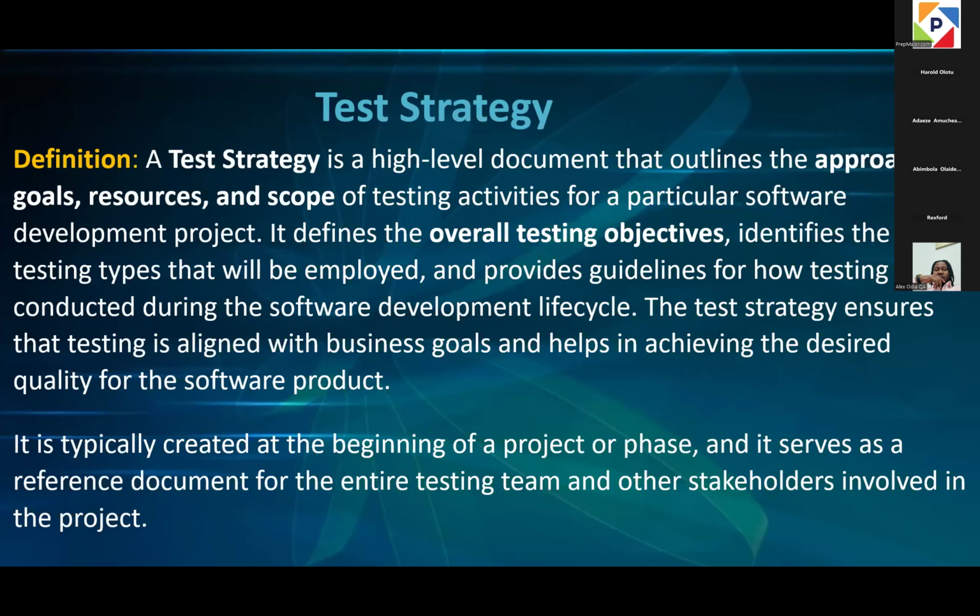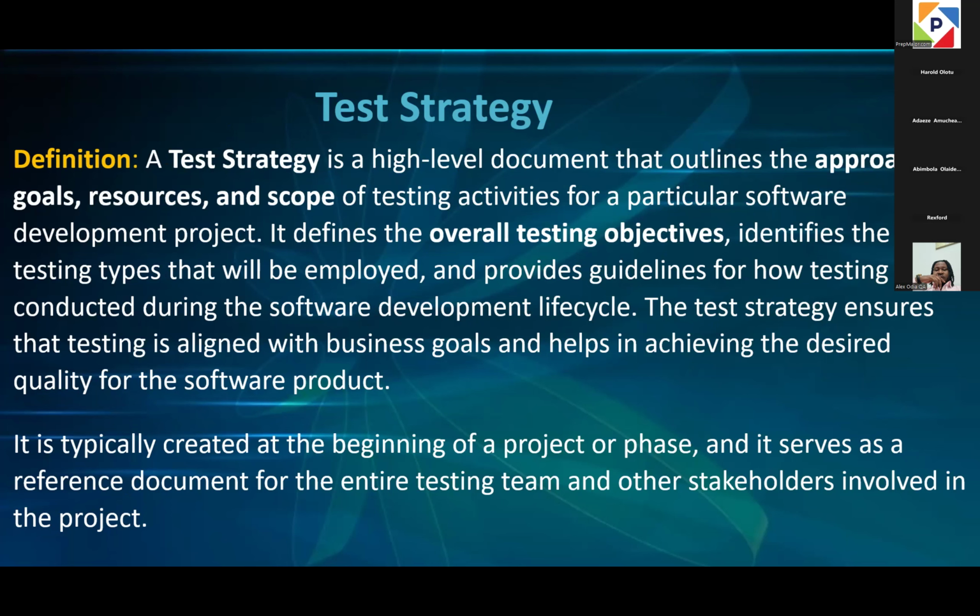Okay, so we will look at the test strategy. I'll just quickly run through this one. The test strategy is a high-level document that outlines the approach, the goals, the resources and scope of testing activity for a particular software development project. We'll go more deeply into this in subsequent meetings. The test strategy defines the overall testing objective.